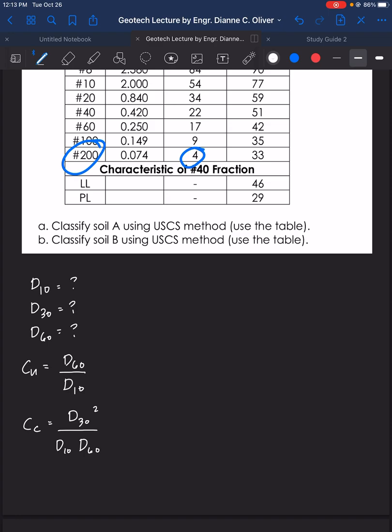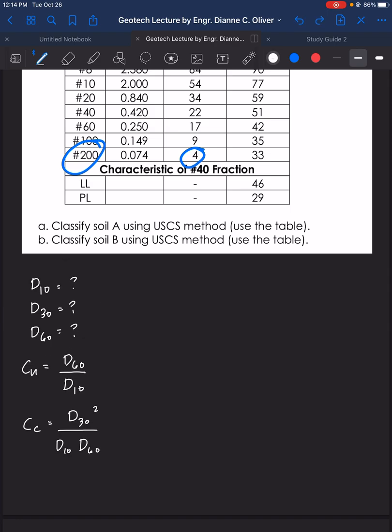Okay? So we can have two methods in solving for the values of D10, D30, and D60. We can solve using the graph, or we can solve it using the calculator technique.